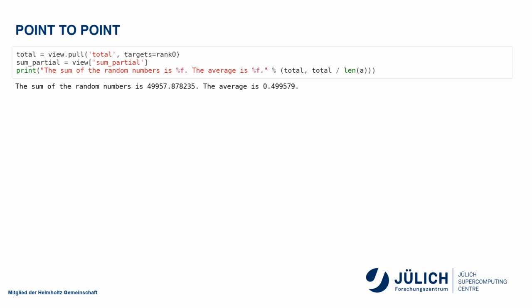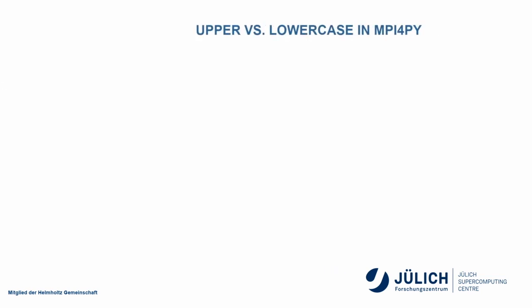So I can, for example, distribute data, or actually I did the point-to-point communication before. I can then pull the results, for example, from a single node using the IPython parallel, so to make this more interactive.